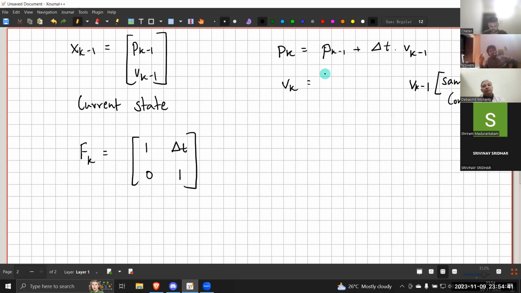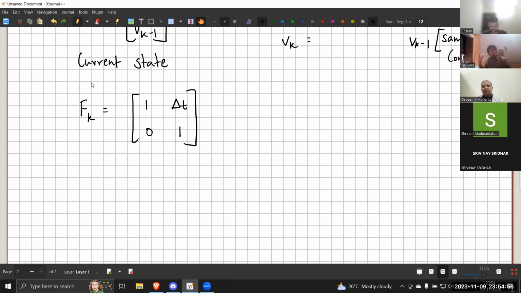You multiply your velocity with the time and you get this distance. This is the basic speed-distance formula. So you correlated your position and the speed with the help of time, and we are now representing this complete situation in the form of a transition matrix: 1, delta t, 0, 1.